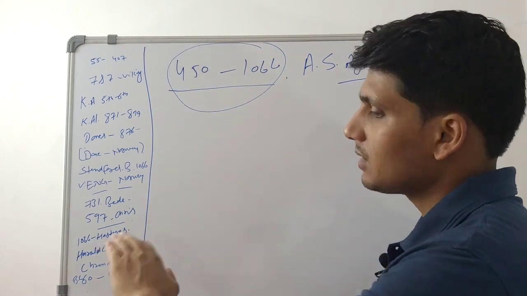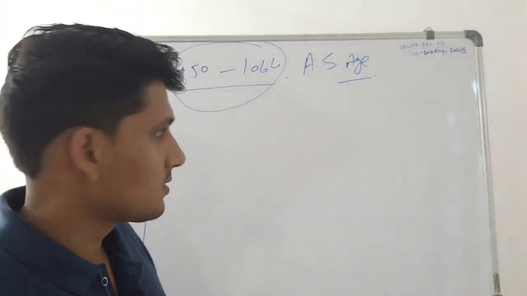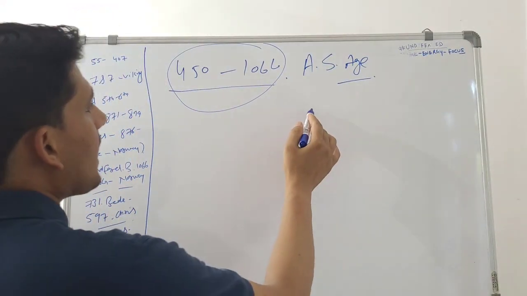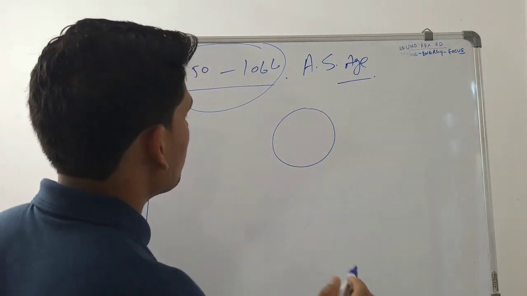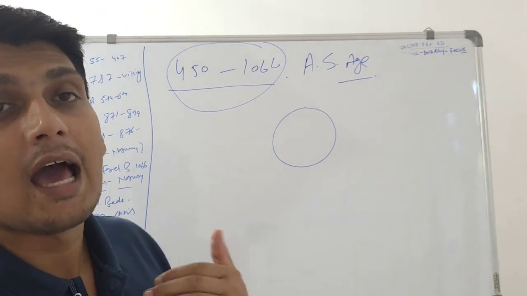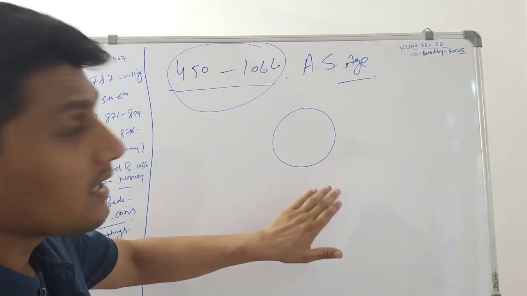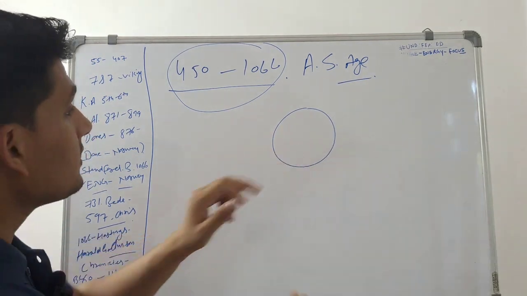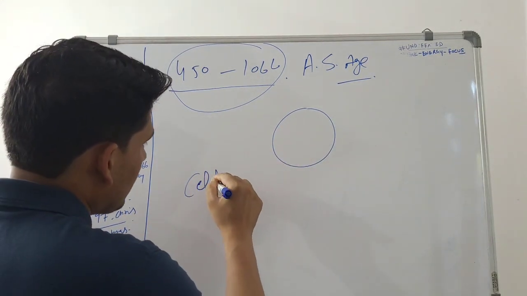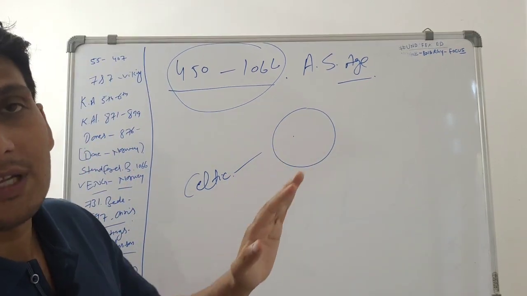But prior to this, what is the story of England? How did England actually come into existence? In Europe there was an island where the Celtics, the original inhabitants of England, lived. Your present-day England was this island, where the Celtic tribes migrated in the 5th century.